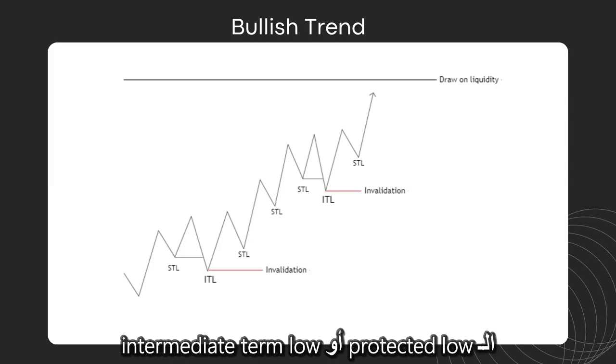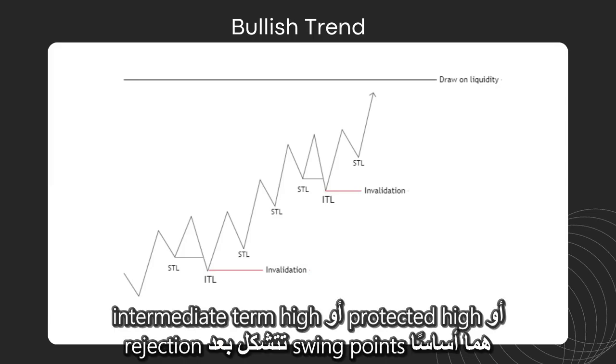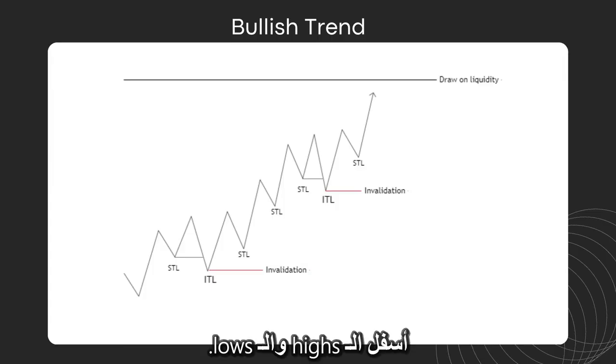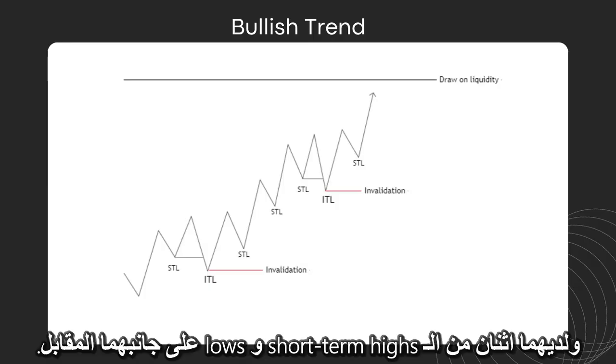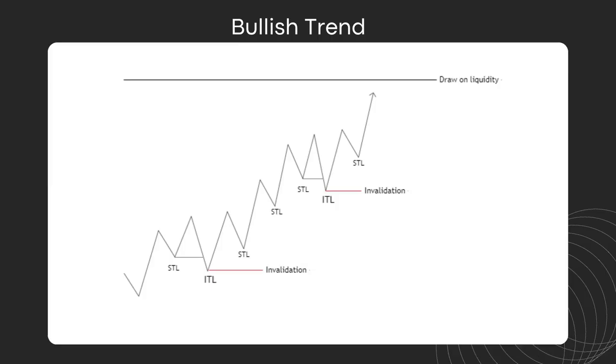A protected low or intermediate term low, or a protected high or intermediate term high, are basically swing points which form after rejection below highs and lows, right? In either a bullish trend or bearish trend, right? And they've got two short-term highs and lows to its opposite side, right?